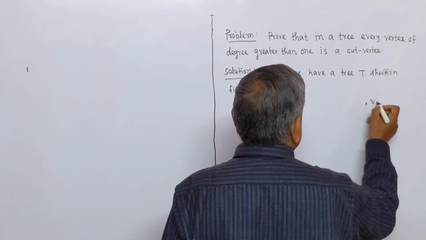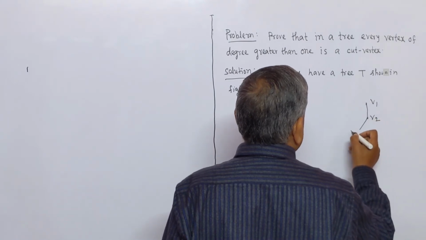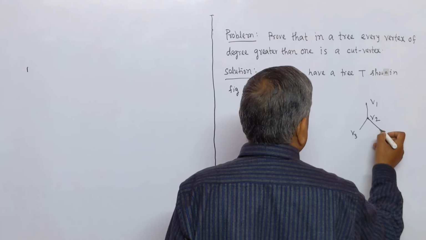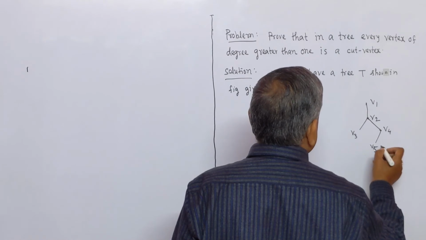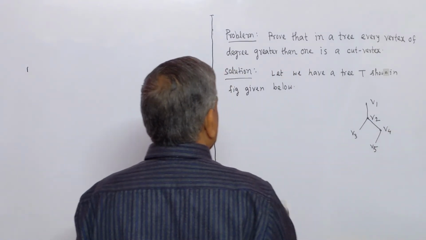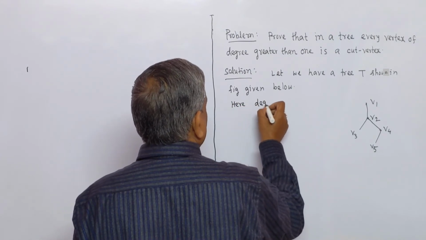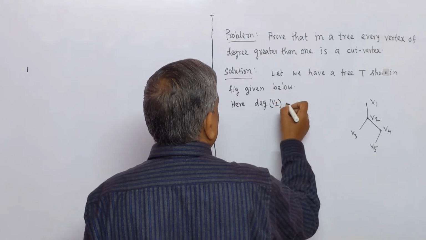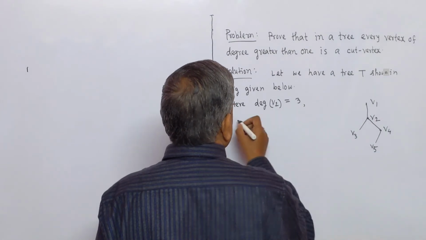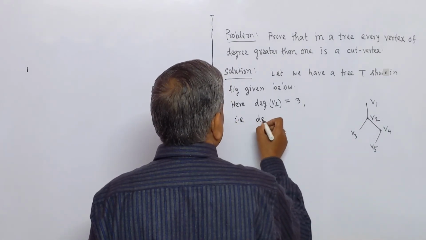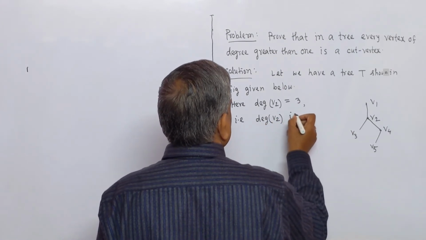Here vertex V1, vertex V2, vertex V3, vertex V4, vertex V5, like this. Here degree of vertex V2 equal to 3. That is, degree of V2 is greater than 1.